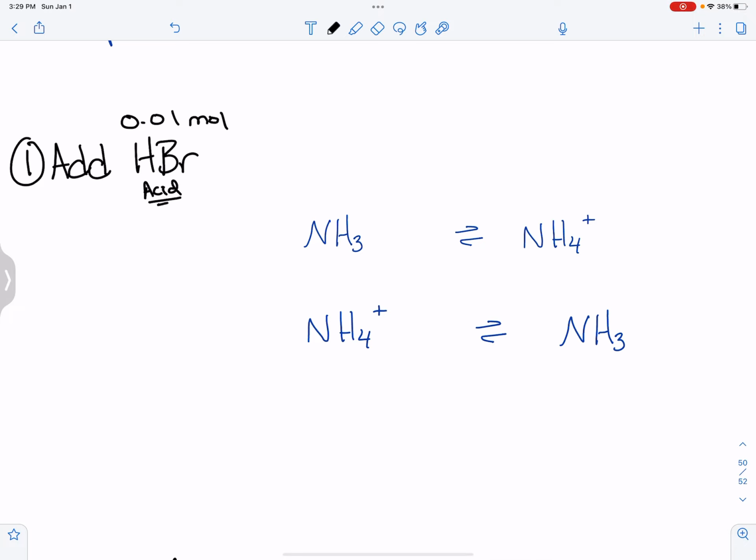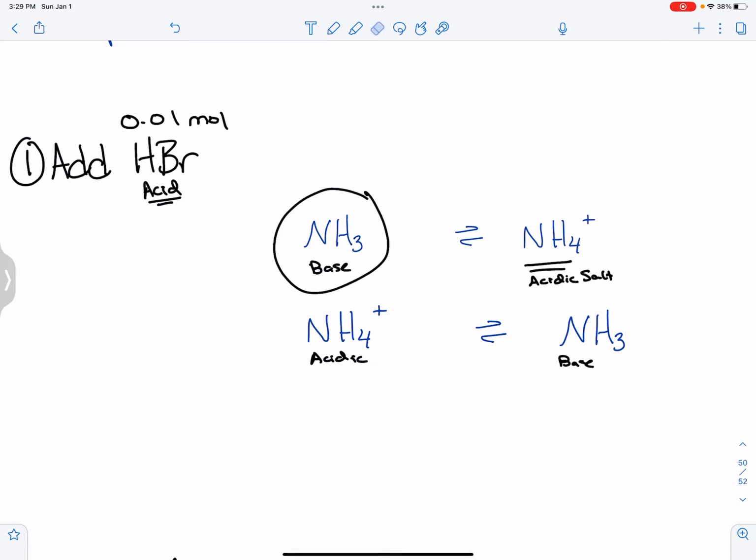Do acids react with acidic salts, or are acids interested in bases? What I'm hoping you're seeing is that acids aren't going to react with something that's acidic. It's definitely going to be way more interested in the base part. So what that means is that this side of the buffer is the one that's going to be doing the reacting with the HBr.